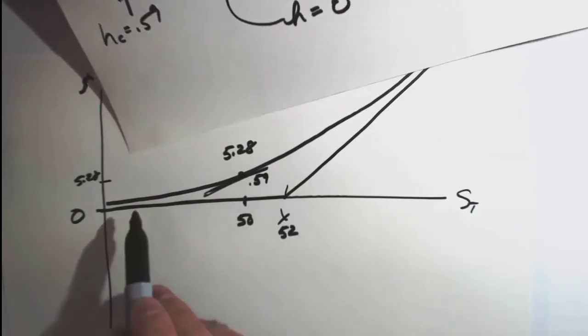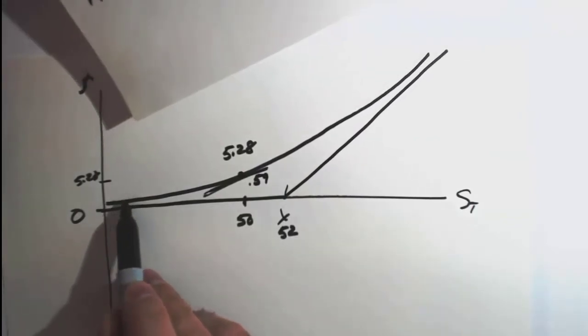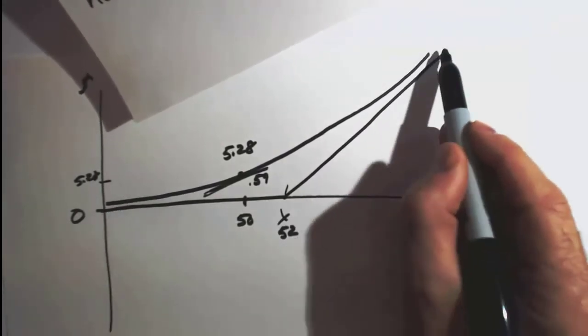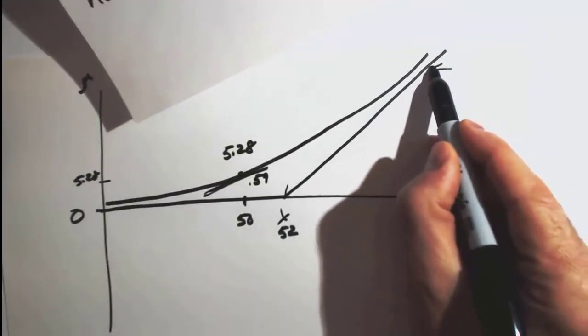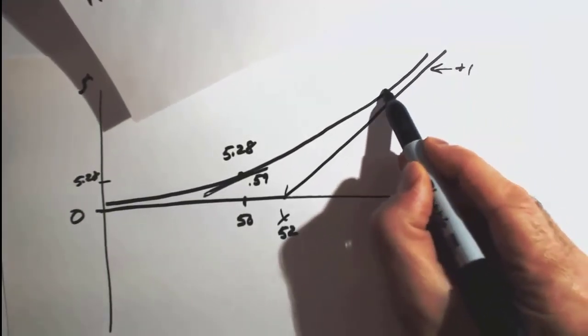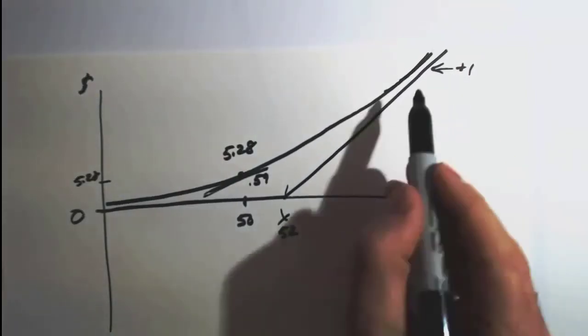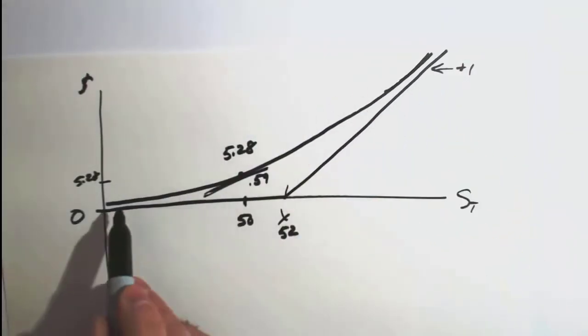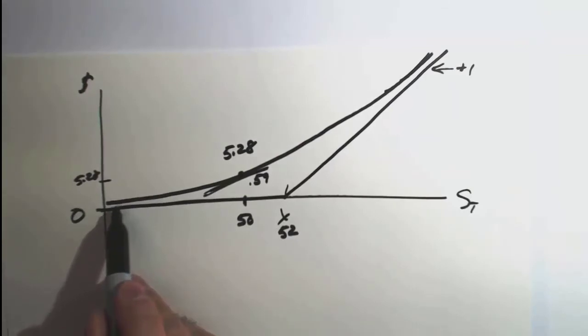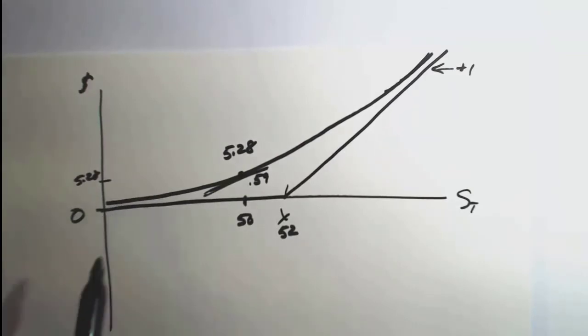That's the slope. The slope here starts out at basically 0 and approaches 1. Remember I told you that this slope is positive 1, so this is approaching that positive 1 slope. So you can see H goes from positive 1 to 0, and so it's giving you an indication of the probability the option finishes in the money.